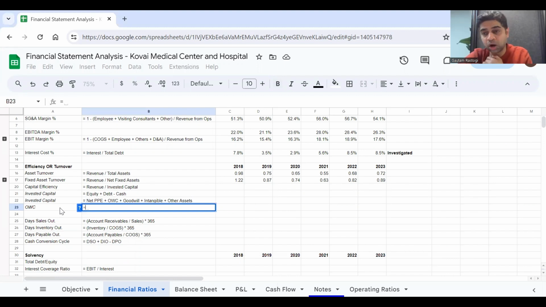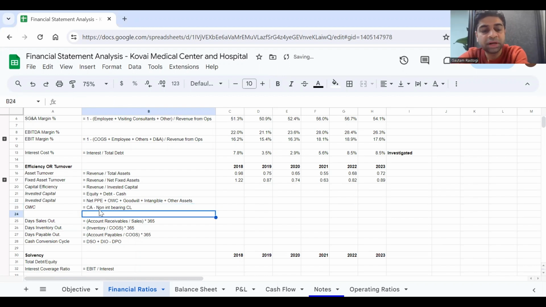And so how do you estimate that? It's basically current assets minus non-interest bearing current liabilities. Okay. Right. And why are we saying operational?